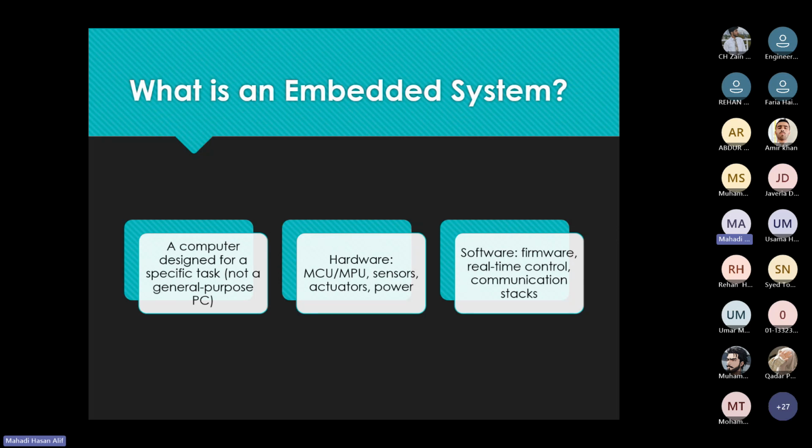And it consists mainly of two things: hardware and software. The hardware will generally have the microcontroller unit, the microprocessor, sensors, actuators, the power supply, these things. And the software will have the firmware, the real-time control, the communication stacks, which will have I2C, SPI communication.